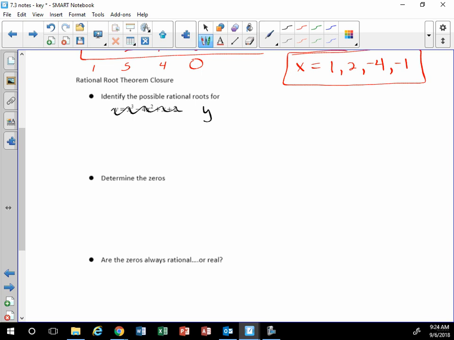Let's say your y equals 2x to the 4th plus 5x cubed minus x squared, make that plus x squared.